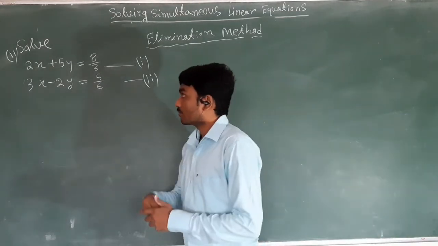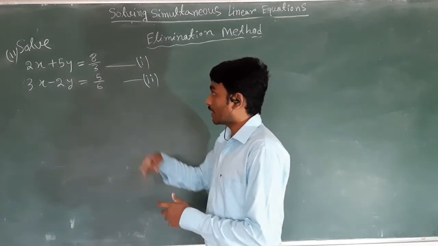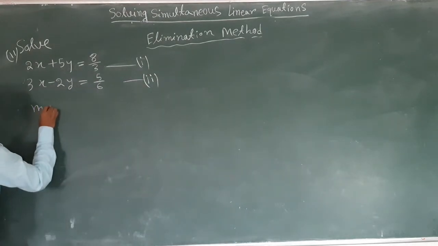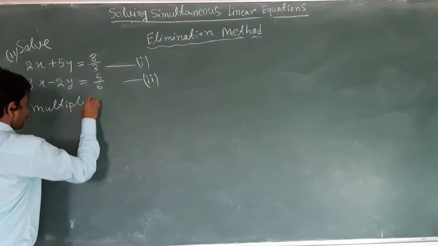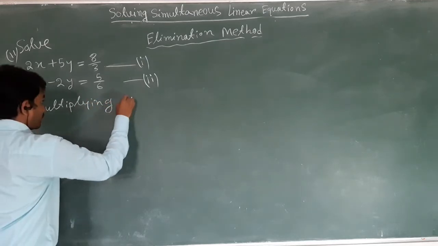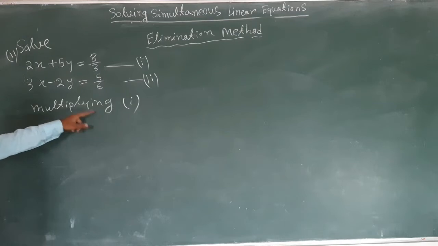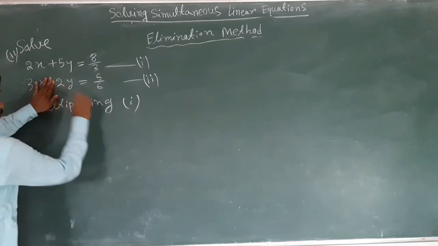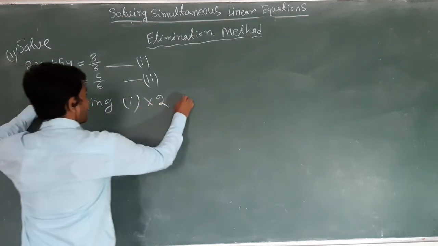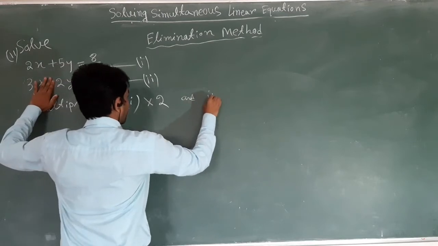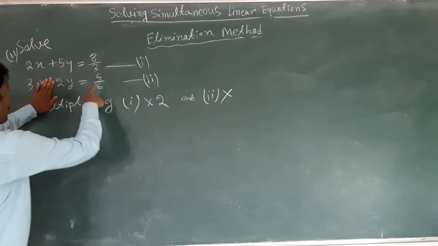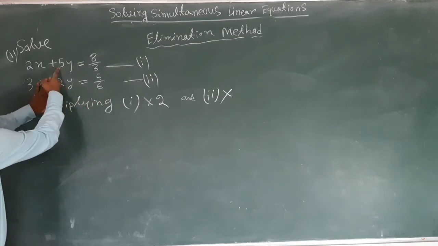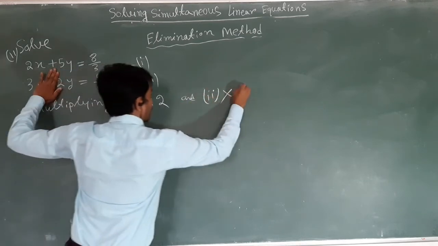So how we can equal the numerical coefficient of y in both equations? By multiplying equation 1 by the numerical coefficient of y in equation 2, that is 2, and multiplying equation 2 by the numerical coefficient of y in equation 1, that is 5.